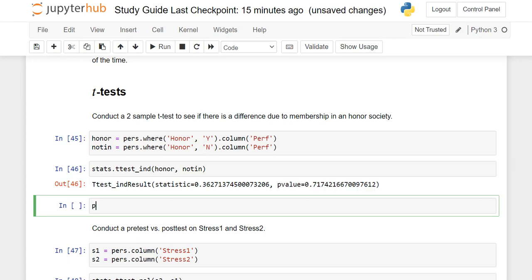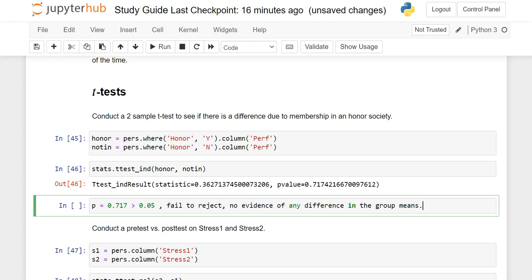Okay, and so please notice that p is equal to 0.717, which is greater than 0.05, which means we fail to reject, right? Which is no evidence of a difference. Let me type it in that way. No evidence of any difference in the group means.